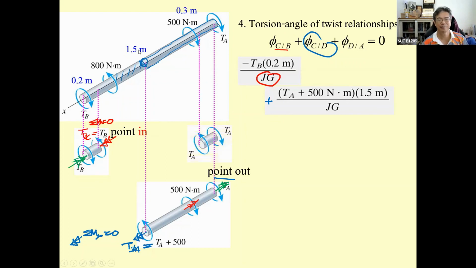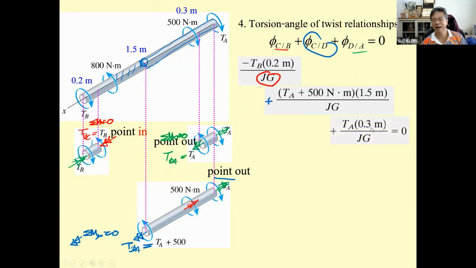The last one is going to be easy because only T sub A is going to be involved. Summation of M sub X equal to 0. We're going to get T sub dA equal to this one, T sub A, and it's pointing out, so it's going to be positive, okay?